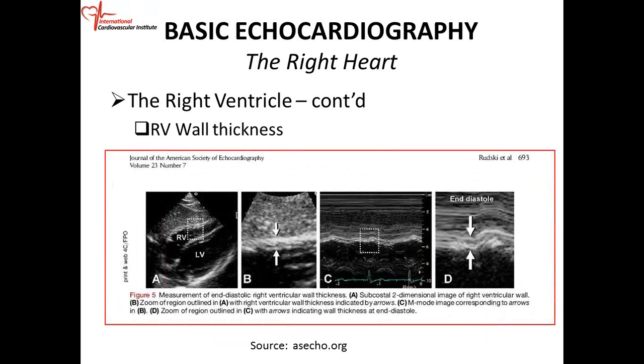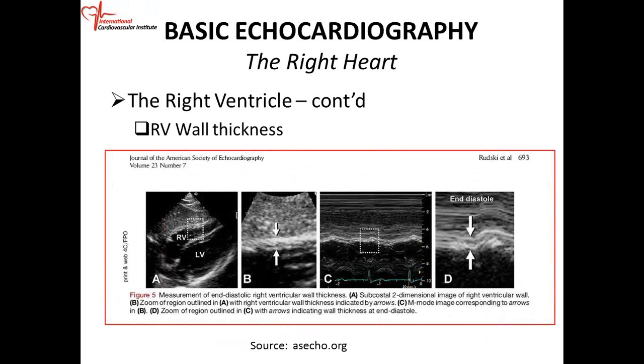Measurement at end diastole of the right ventricular wall thickness, subcostal view, two-dimensional image of the right ventricular wall. You zoom it, remember, and then the right ventricular wall thickness is indicated by the arrow. M mode image corresponds to the arrow.